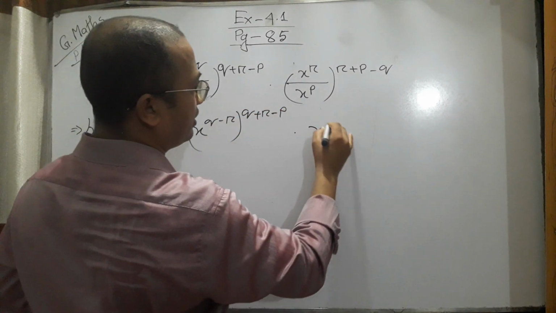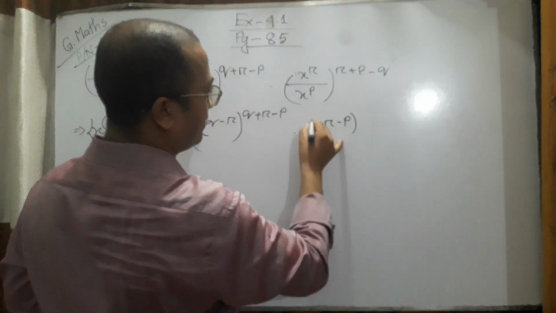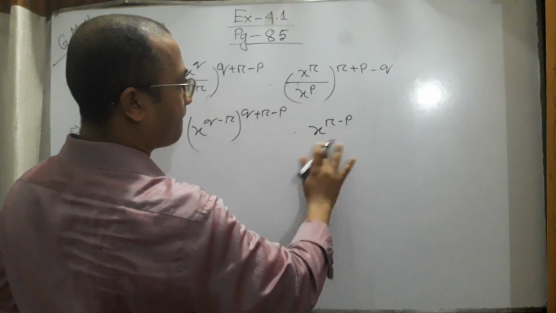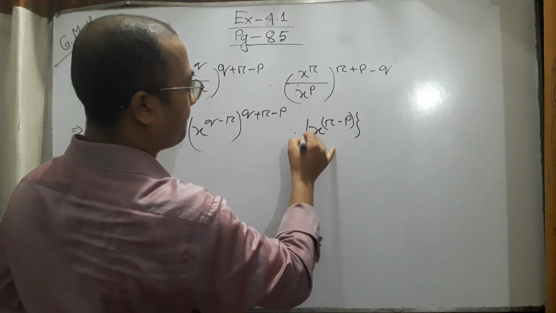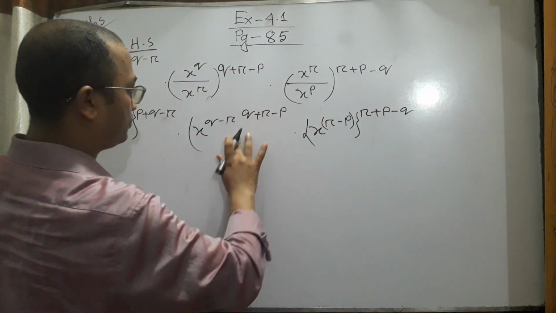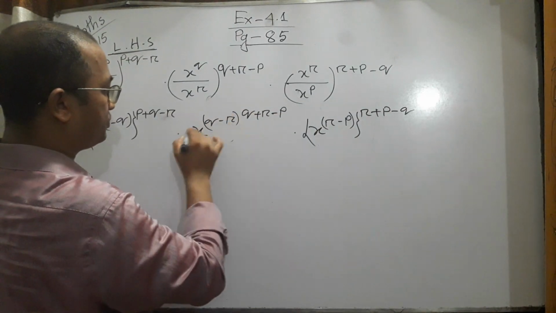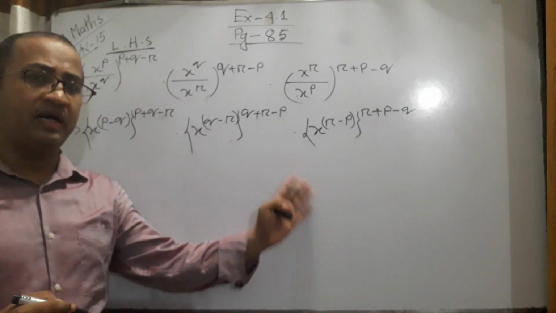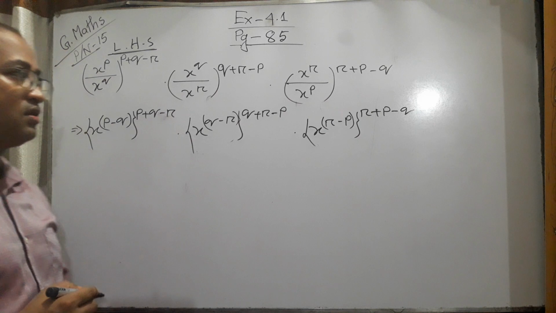Then it will be r minus p, r plus p minus q. Have you understood this line? I think all of you have understood this line.